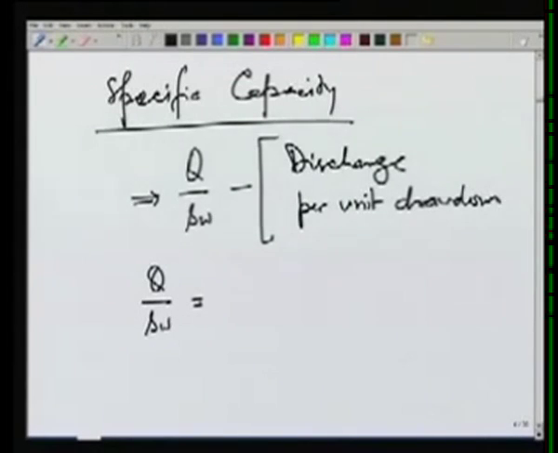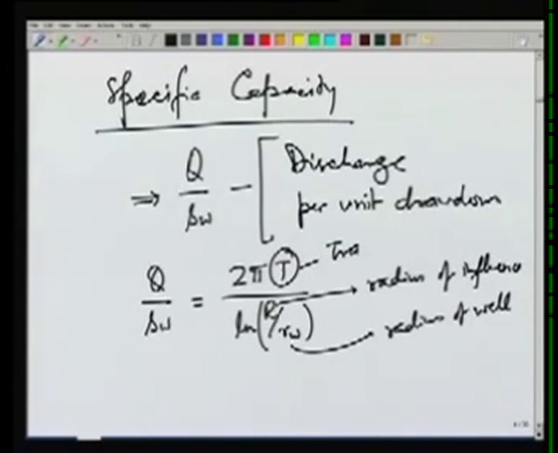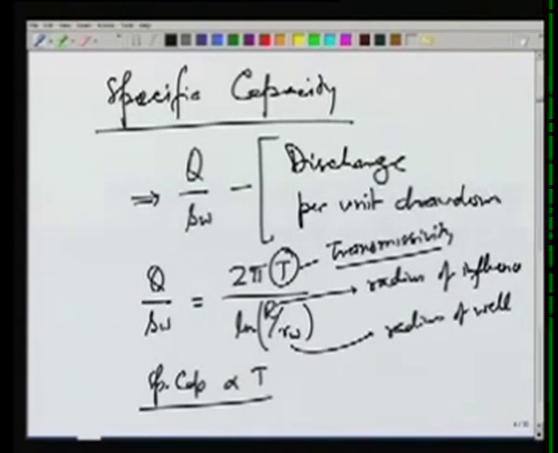If we look at the equations, we have already seen that we can express the drawdown as Q over 2 pi T log of R over RW, where R is the radius of influence, RW is the radius of the well, T is the transmissivity, so we can see that the specific capacity is proportional to the transmissivity from this equation.